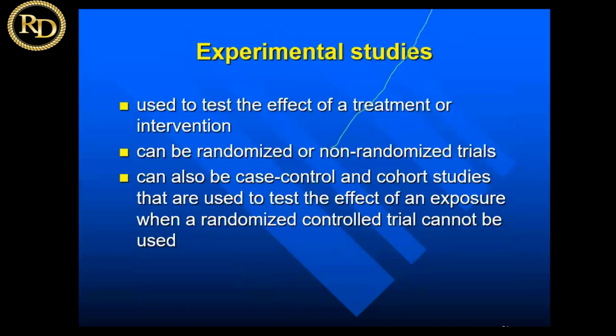This is the effect of treatment, like you are testing 2 different drugs on one patient, or one drug has to be tested on a group of patients. When you have to test that medicine on them, that will be the experimental. Either it can be randomized or it can be non-randomized. When you're going for an experimental study, it's always better to go for a randomized control trial.